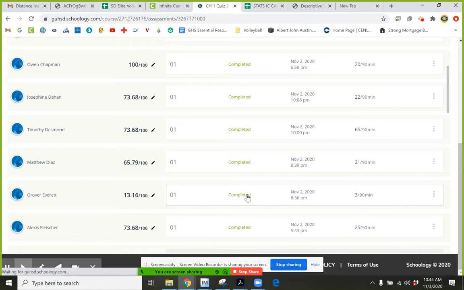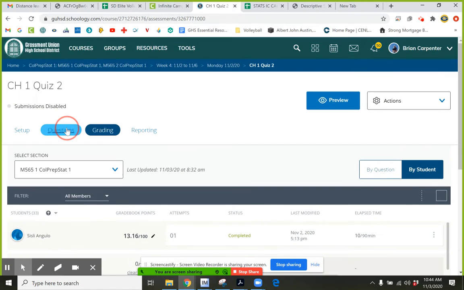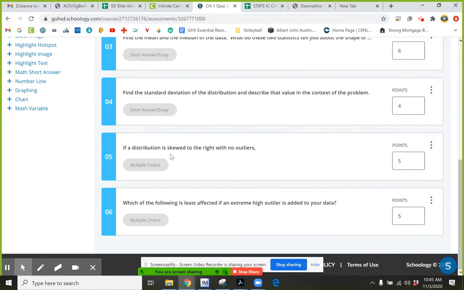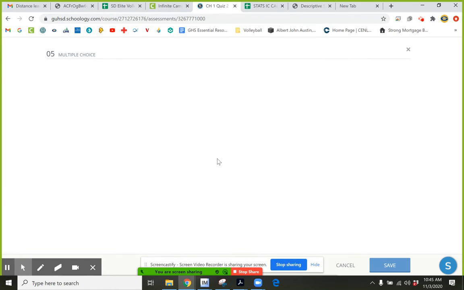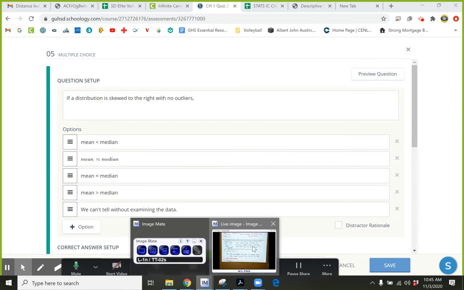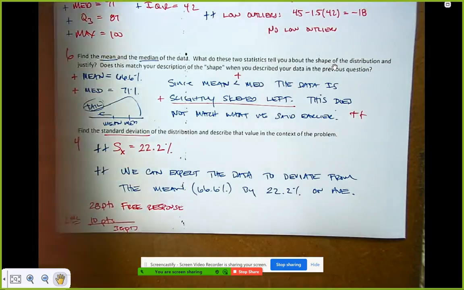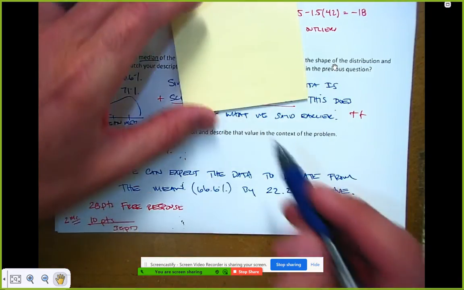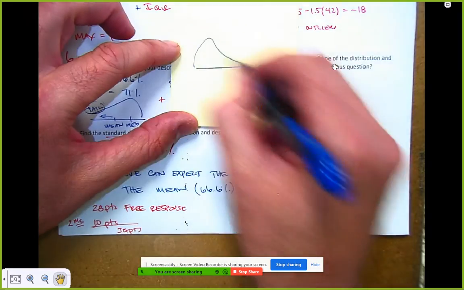Okay, so down here, if I go to questions, you obviously don't see this, but if I click on this guy, it says, I think this is about the mean versus the median. It says if a distribution is skewed to the right with no outliers. Okay, so skewed to the right, no outliers. So what you would do is you would say, well, if I'm skewed to the right, that means I look like this.